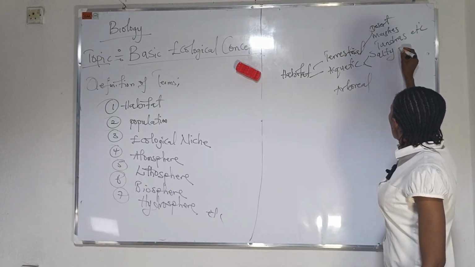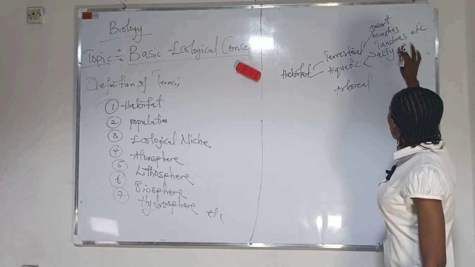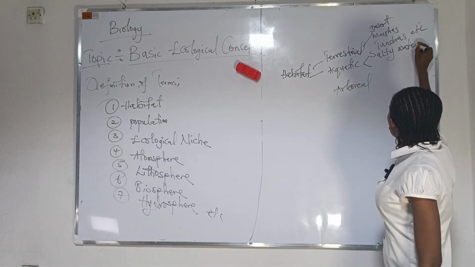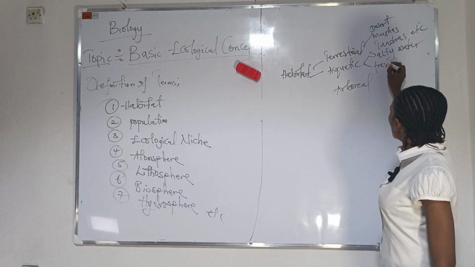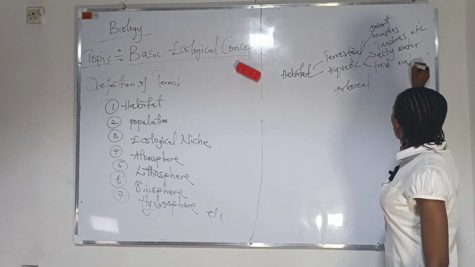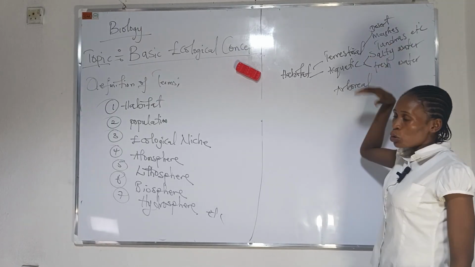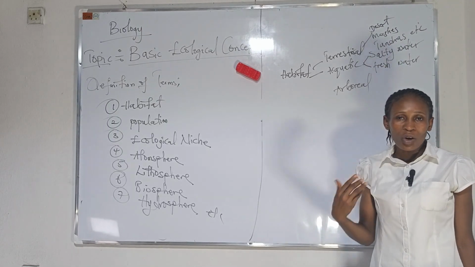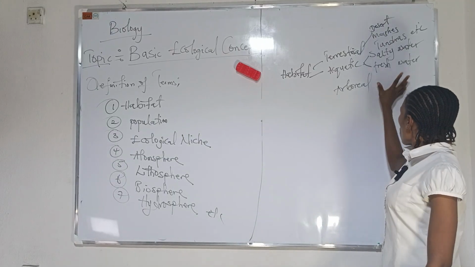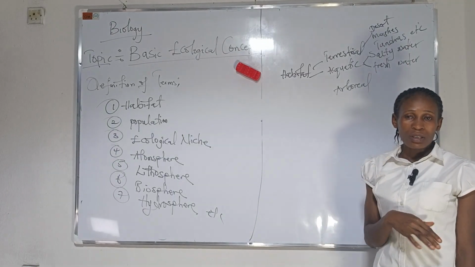And we can generally classify this one as salty water, and the what? Fresh water. From the word salt, you should know that this is the kind of water that contains what? Salt. While fresh contains no what? Salt.